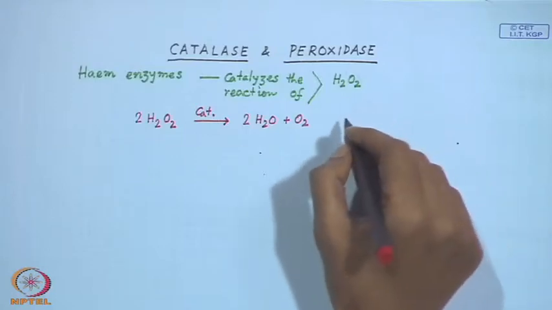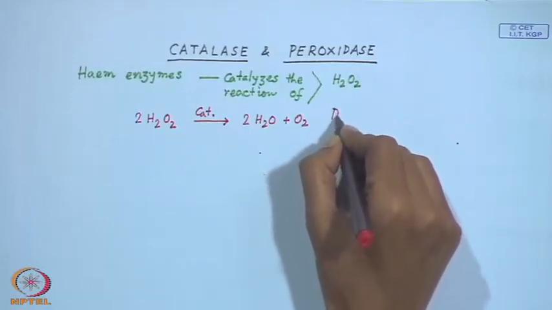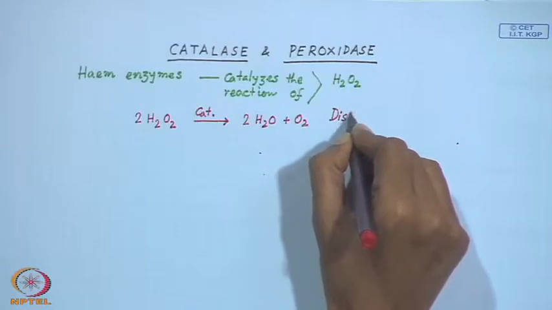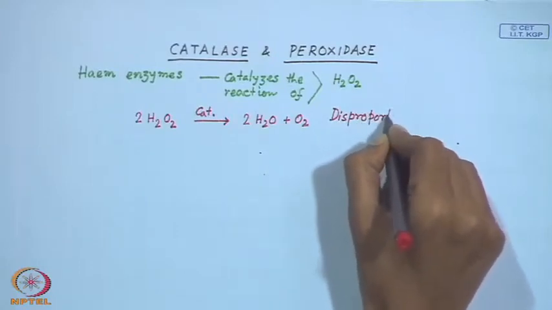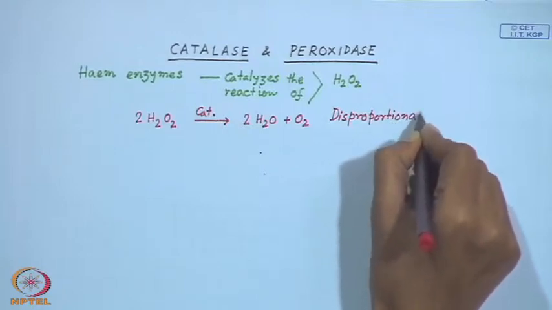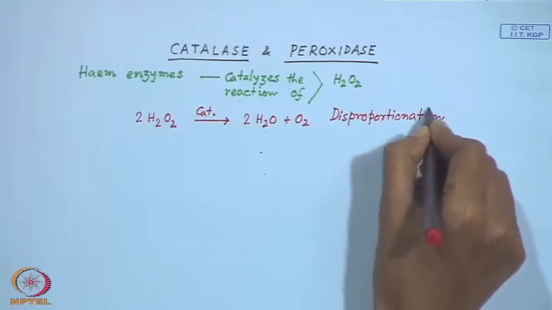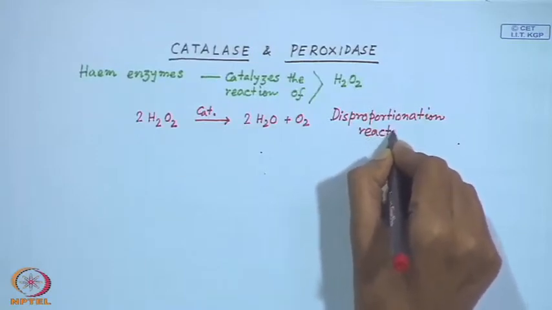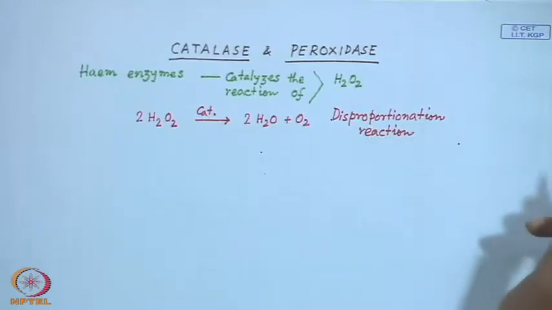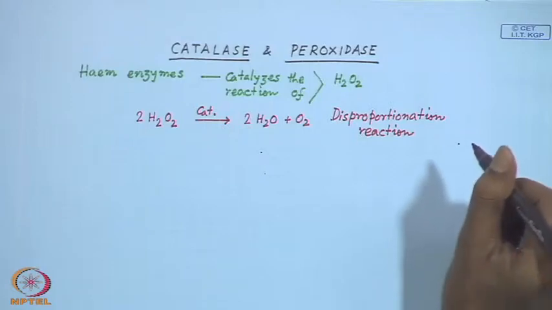So, this is basically our well known disproportionation reaction. This we all know, the disproportionation reaction between one molecule of hydrogen peroxide with the other.